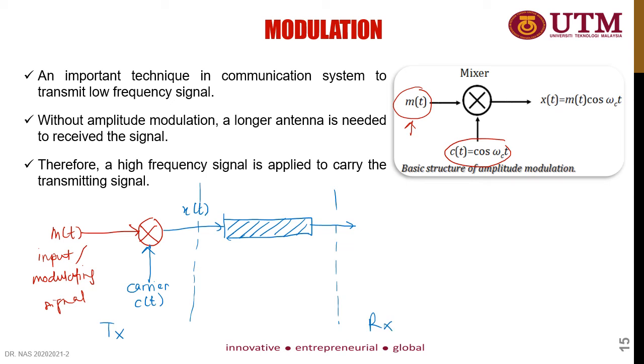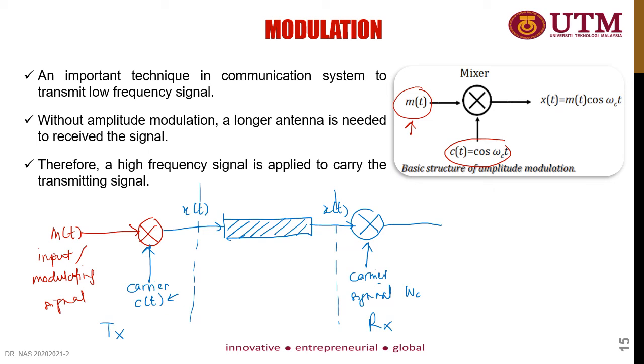In the receiver part, x(t) is received and is again multiplied by a carrier signal having a frequency more or less equal to the earlier carrier frequency, omega C, as in the first place.